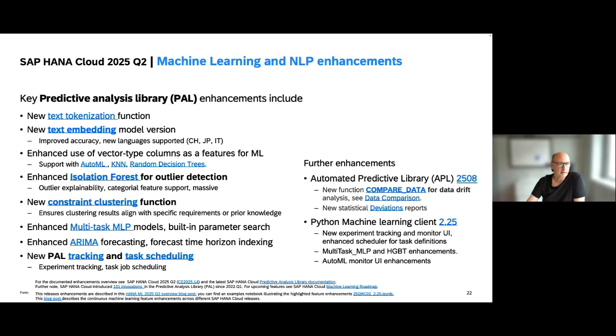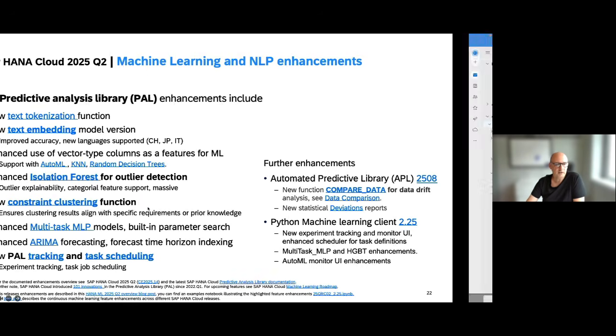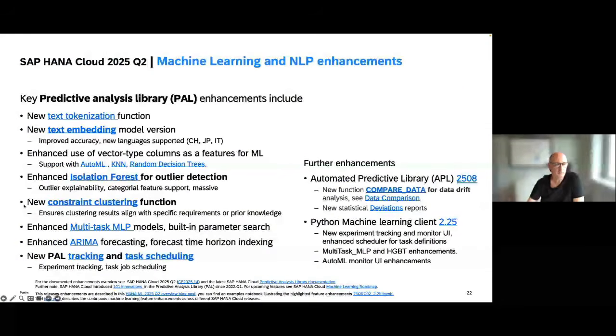And maybe some minor enhancements are that there's a new clustering function capable of adding external knowledge or constraint information about specific objects you want to make sure are detected to be in the same target cluster as others.